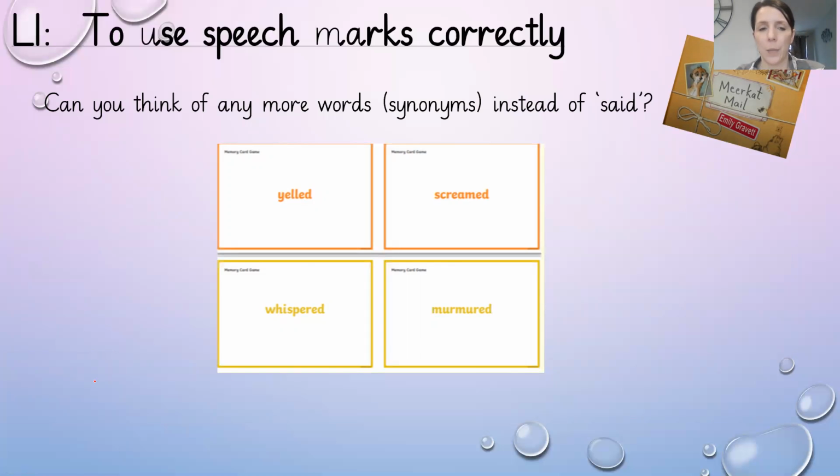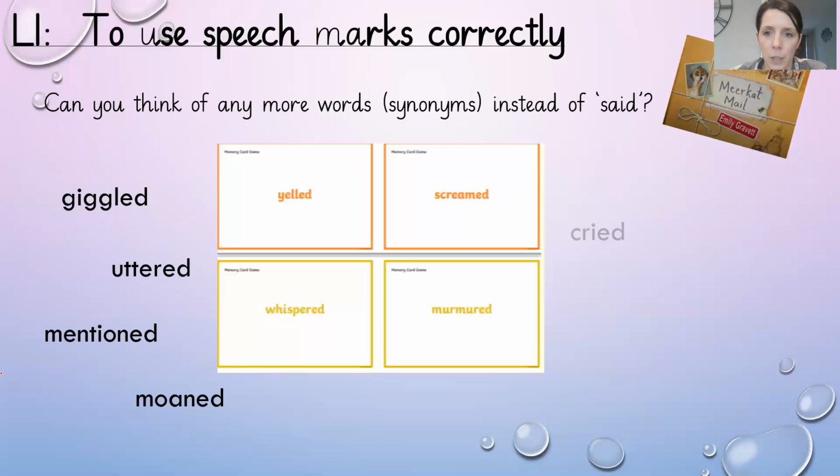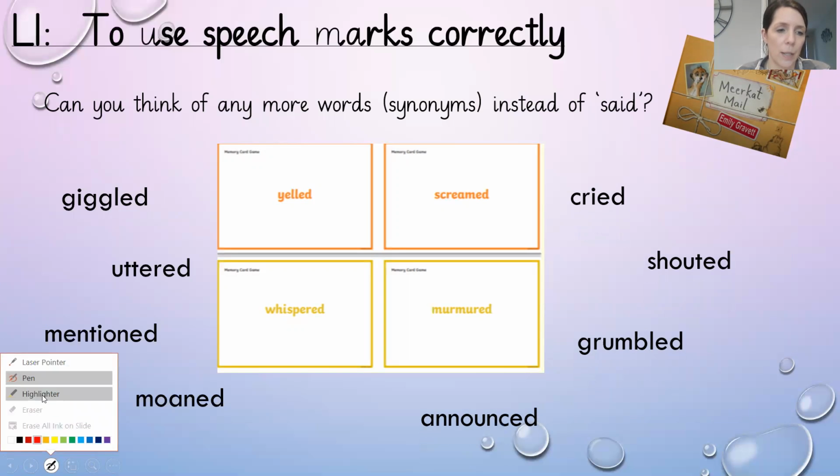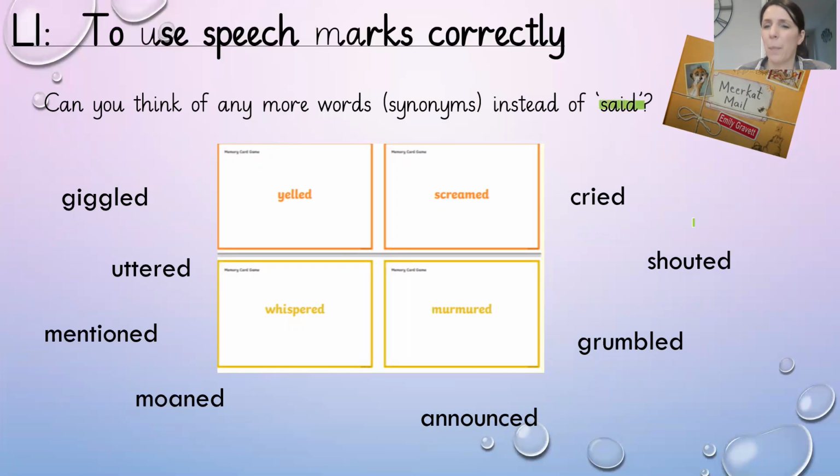Okay, what did you get then? So I've got some examples here. Giggled, uttered, mentioned, moaned, cried, shouted, grumbled, and announced. So all of these words can be used instead of said, because if we use said all the time in our writing, then it can be a bit boring.